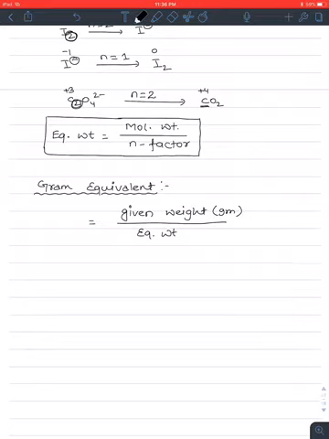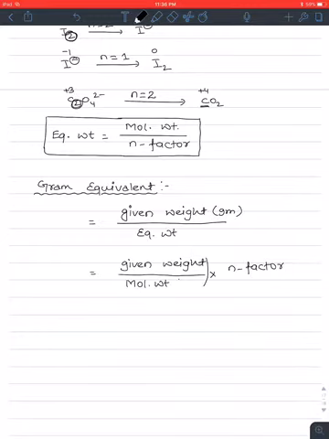Is this clear? So we can also write this expression, given weight upon equivalent weight, as given weight upon molecular weight multiplied by N factor.